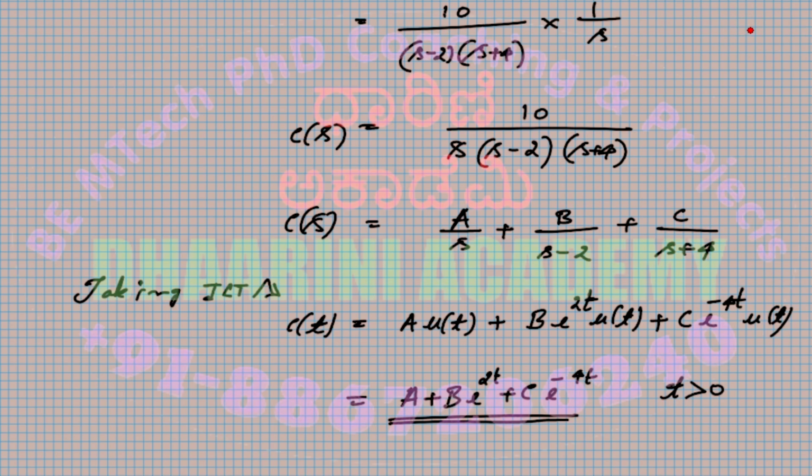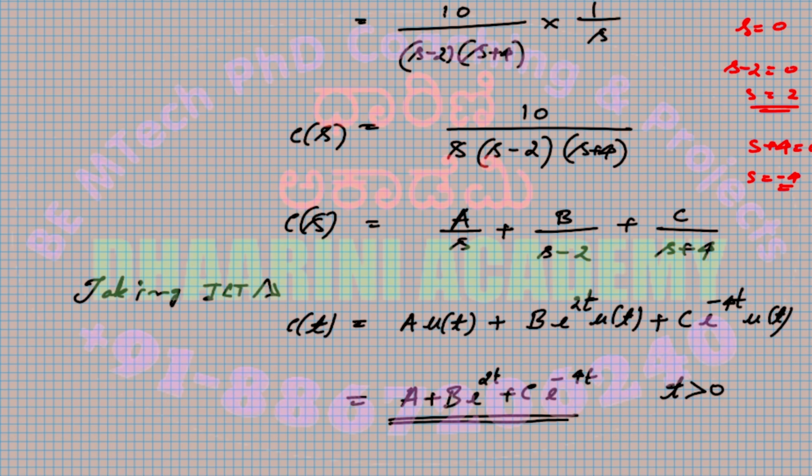First root, S equal to 0. For the second root, S minus 2 equal to 0, that means S is equal to plus 2. Similarly, S plus 4 equal to 0, so S equal to minus 4. These are the poles of the system, out of which 2 are the system poles. One pole, S equal to 0, is the excitation pole.